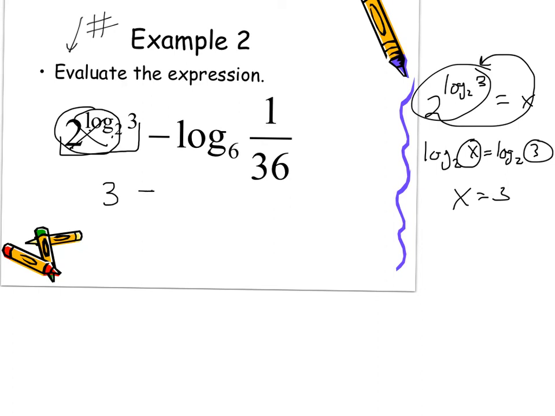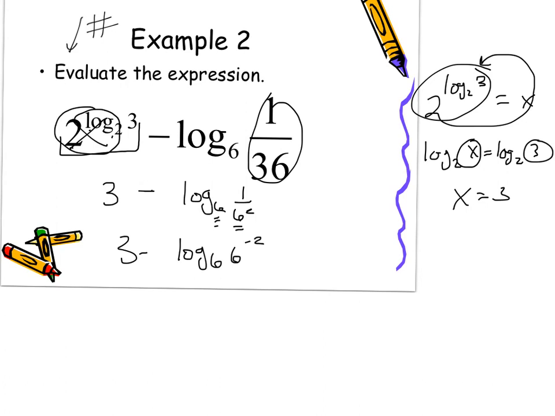I can now kind of go through this. I'm going to rewrite this as base 6. So log base 6 of 1/36. I know 36 is the same as 6 squared. And I want the 6 to be in the numerator. So when I have something in the denominator, I write it as a reciprocal and change the exponent to a negative value.